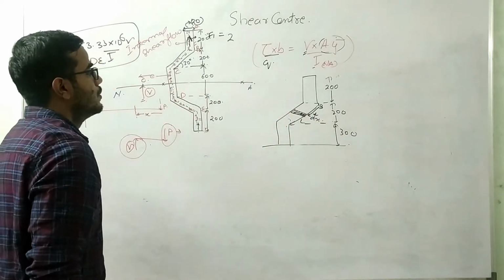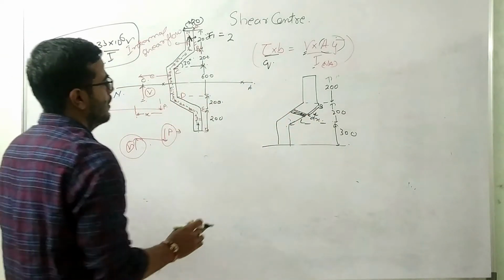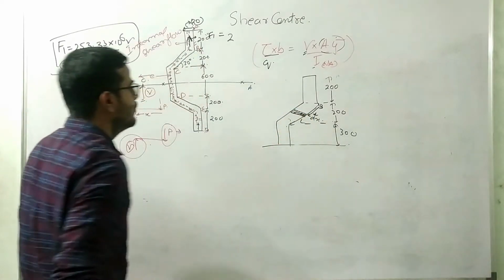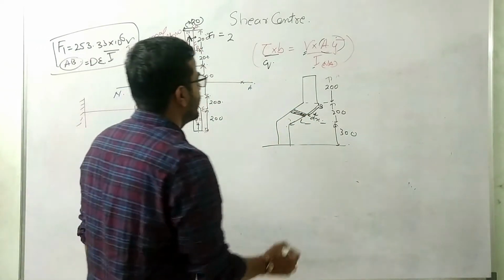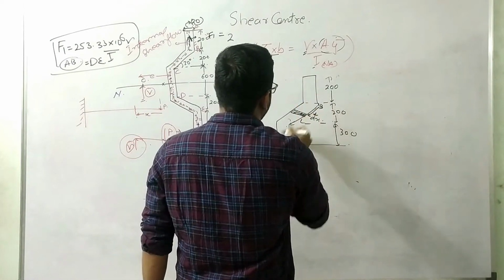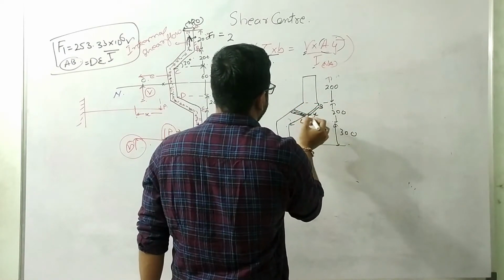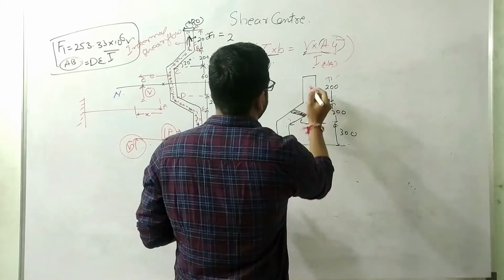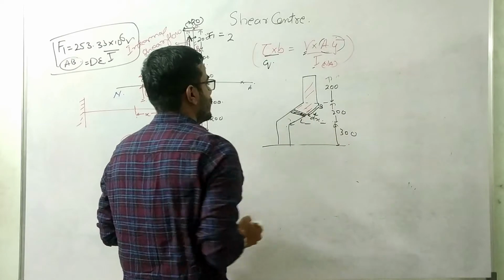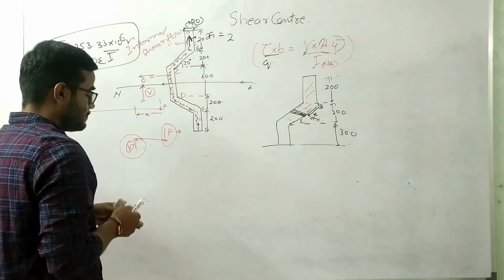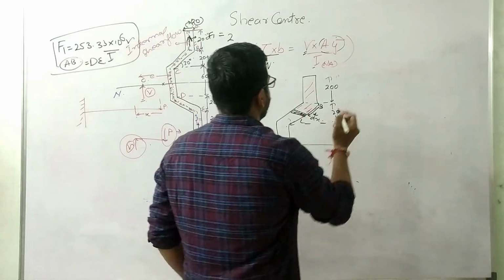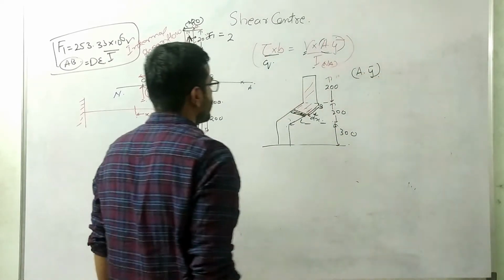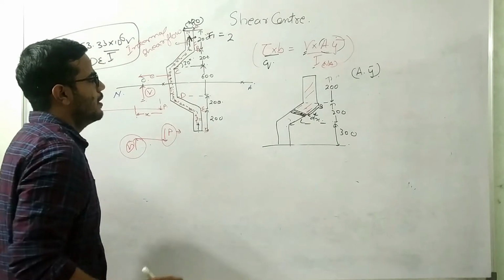Now I have to calculate the shear flow for this element. To calculate it, I need to consider the area above this dx element. Now our purpose is basically to calculate AY bar.